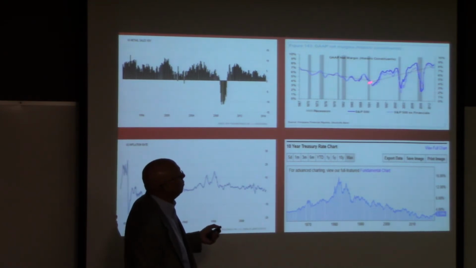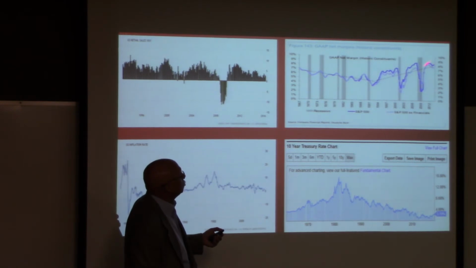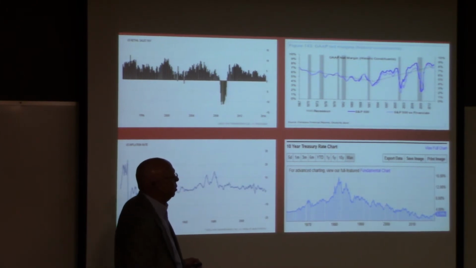And then we overinvested, and profitability went way down, sales went down, margins went down, and then they jumped back up immediately. And so we are still at a very high profit margin level historically, at around 9% net profit margin.